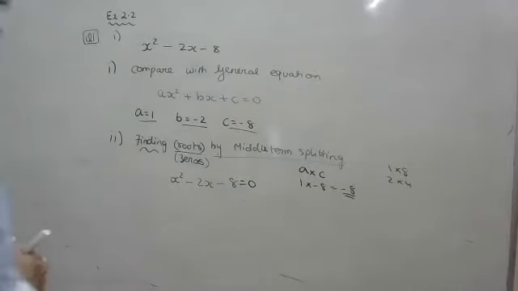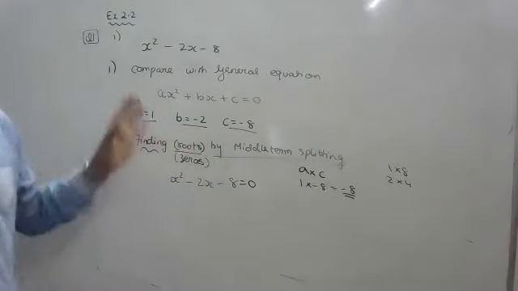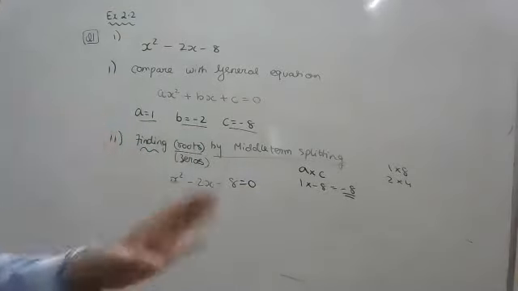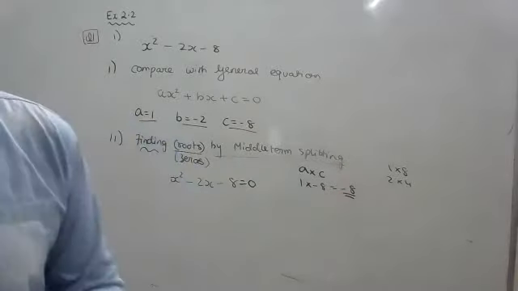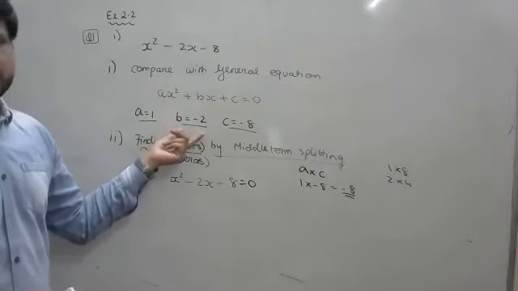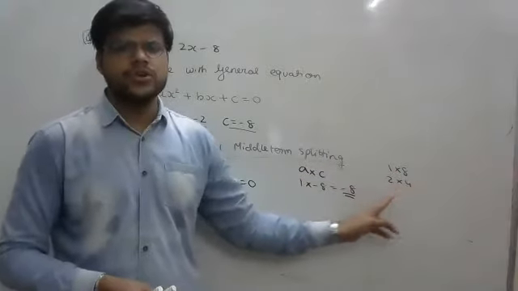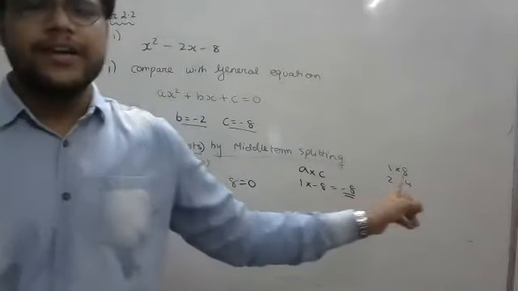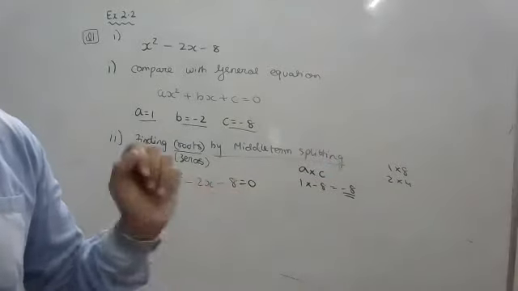Now you need this middle term b. I multiplied a and c, and whatever number I received, I have noted down the factors. Now just find if it is possible to get the middle term either by adding or subtracting these numbers. If I add 1 and 8, I'll get 9. If I subtract 1 and 8, I'll get 7. So it won't be possible.